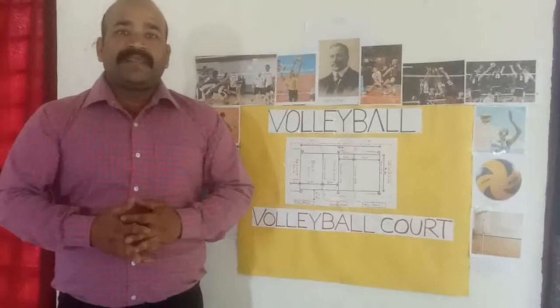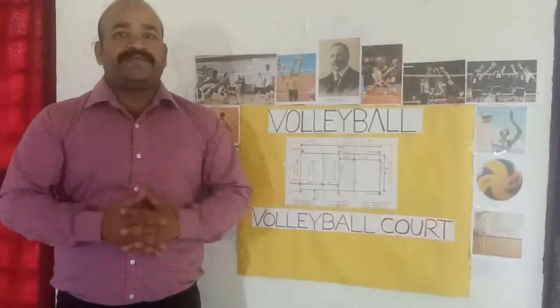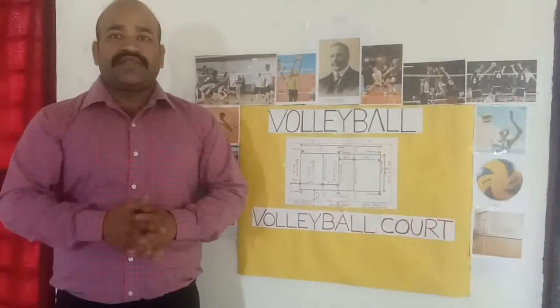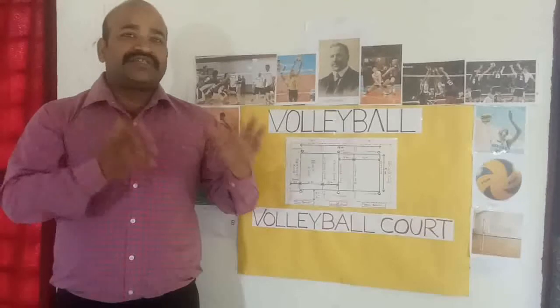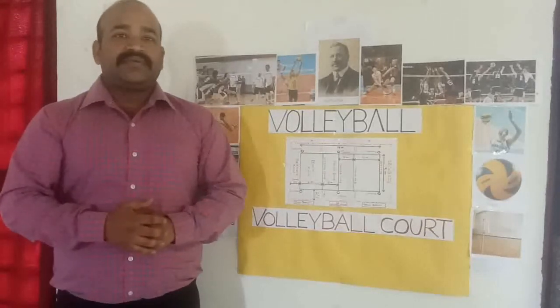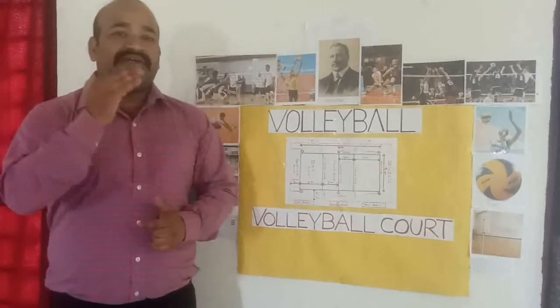Number 6: when attacking a ball coming from the opponent's court, contacting the ball when reaching over the net is a violation if the ball has not yet broken the vertical plane of the net.